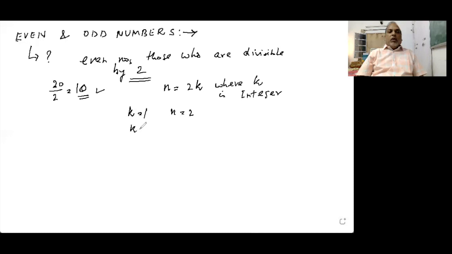When k is equal to 2, n is 4. k is equal to 3, n is equal to 6. So these are all even numbers. Correct. Now let us see which are odd numbers.